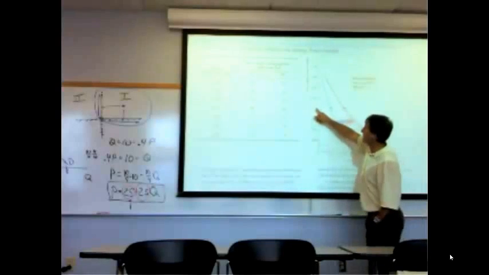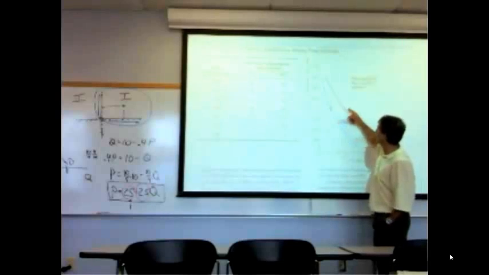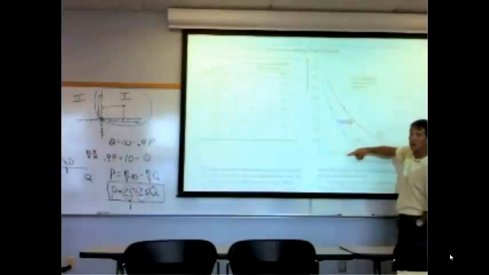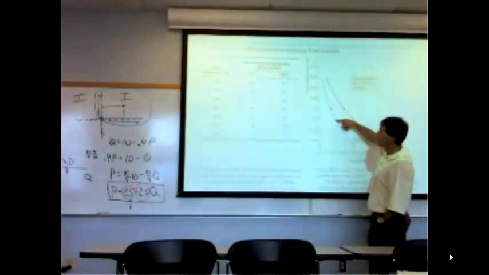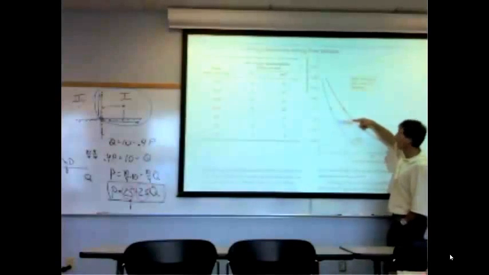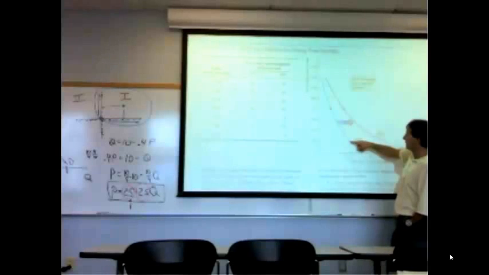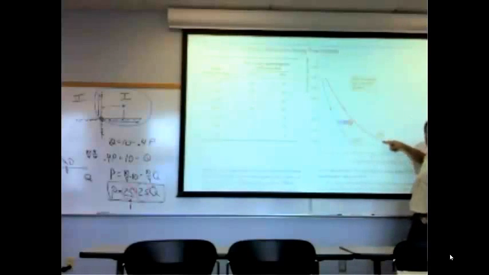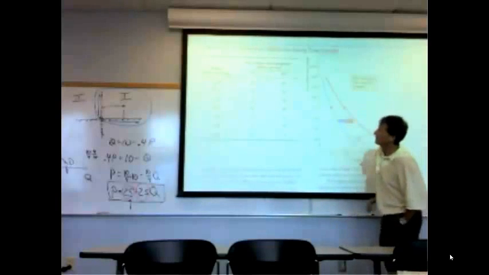So at $2.75, they used to want to buy 10 ice cream cones, but now that it's so stinking hot out, I'm going to buy 20. At $2.50, I used to want to buy this much, now I want to buy this much. At $2, I used to want to buy this much when it's 70 degrees out, but now that it's 90, I want to buy this much. So that is relocating the curve.